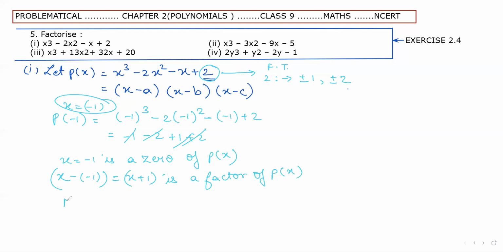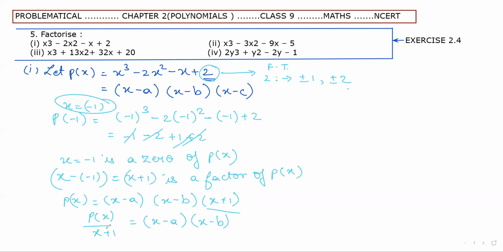So now your p of x can be written as x minus a, x minus b, and I put minus 1 in place of c, so it is x plus 1. What happens if I take x plus 1 on the left hand side? Your p of x divided by x plus 1 gives you x minus a into x minus b.